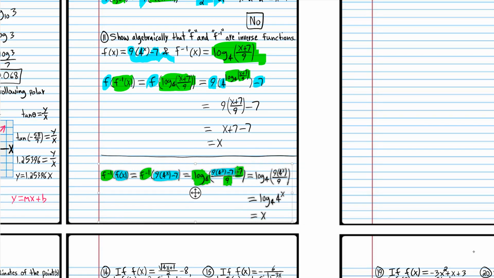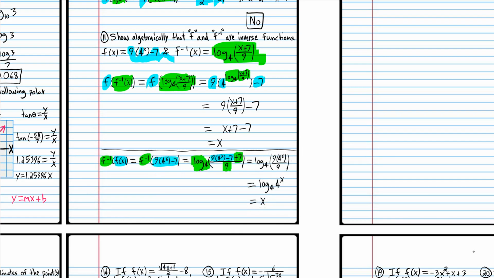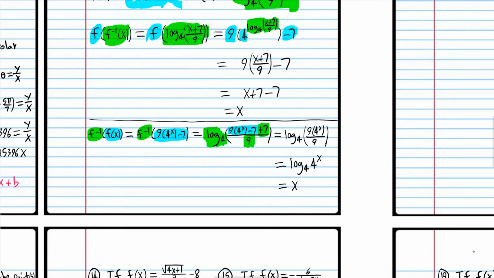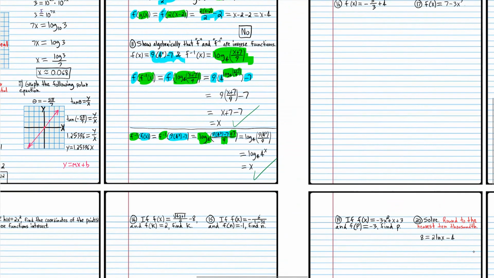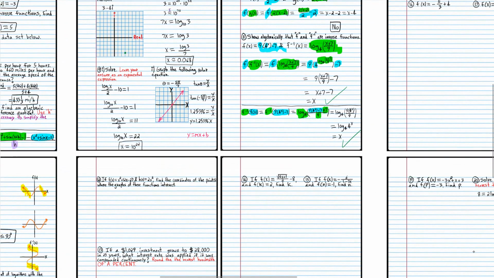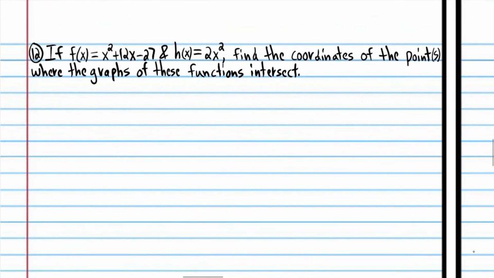So if you got that right, excellent. But we're still not done yet, because we have to write something to conclude this process. We can probably just write a big check for each one of these. Okay, if you got that right, good. Try number 12. When you come back, we'll do it together.